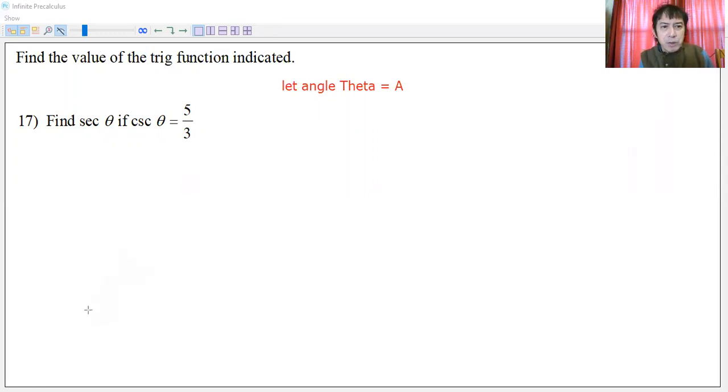If you have cosecant of angle A, and this is the given, cosecant of angle A is equal to 5/3. So we put here the 5, and this will be divided by 3.